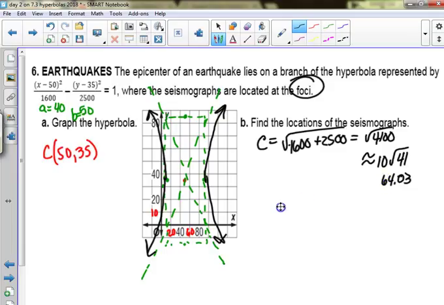Okay. And we're adding that on to what? The center, in which direction? The x direction. You can use the formula, but it's 40 plus or minus 10 square roots of 41, or 40 plus or minus 64.03, comma, 35.